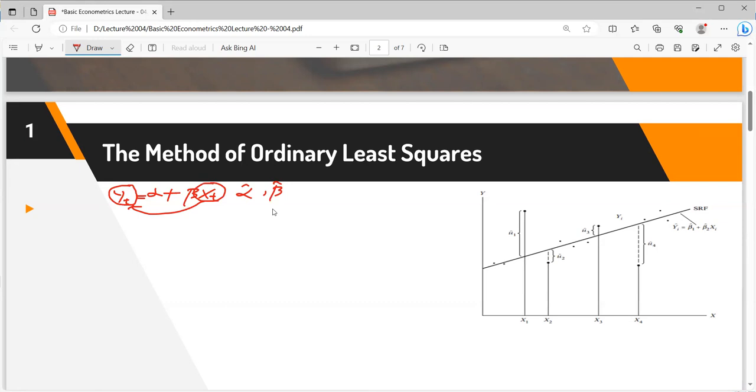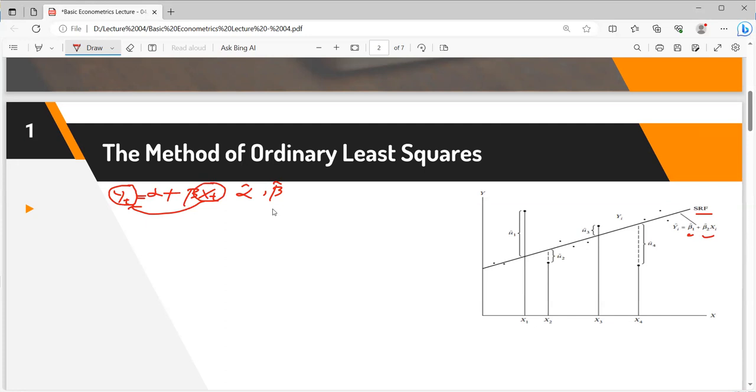If you look at the diagram, this diagram is basically a sample regression function. These are the estimated values of beta 1 hat and beta 2 hat. This sample regression function represents the population, so these values are close to the parameters of the population.